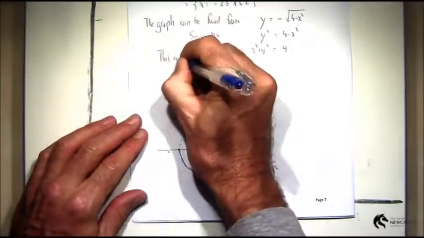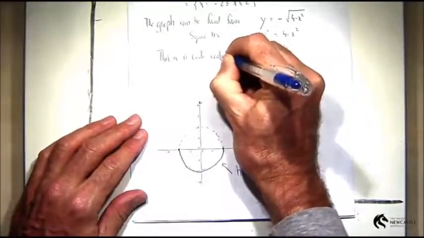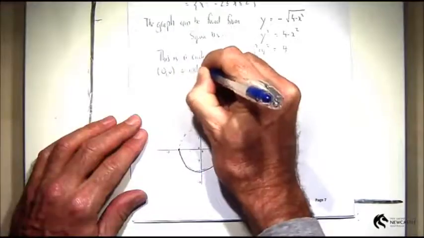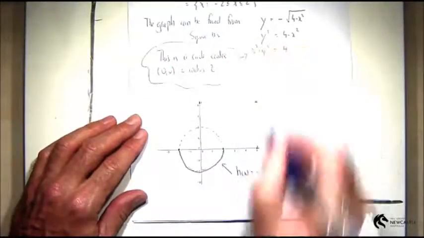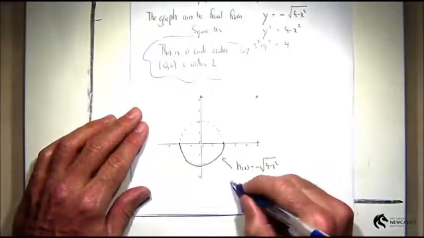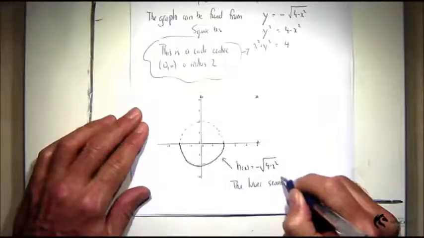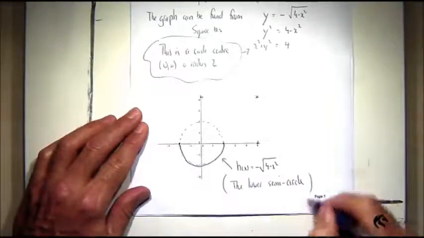So this is a circle, centre 0, 0 and radius 2 in here. This is the lower semicircle in there.